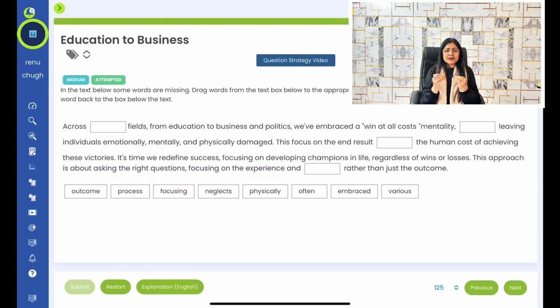So how to identify these grammatical parts? You can go through my videos on grammar, particularly in the context of PTE, where I have explained very well how we have to identify different parts of speech, and they really work very well in reading fill in the blanks, not in reading and writing fill-ups.